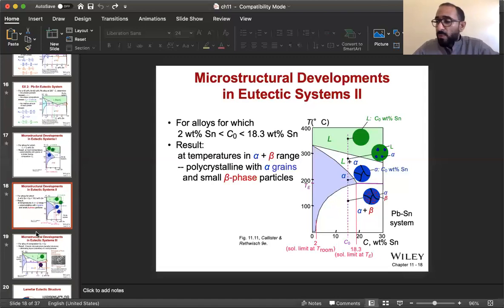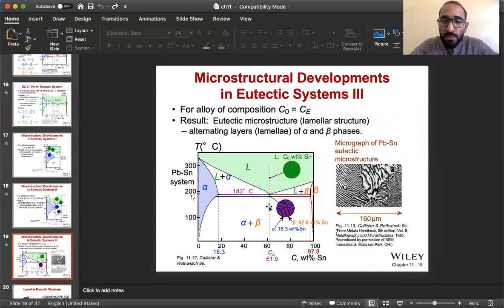Now the question is, what's going to happen if you have the eutectic composition? We said this is a very special composition, a special point, because at this point the liquid can directly transform to two solids, alpha plus beta. But what's really special is that alpha and beta have a special microstructure, because they form alternating layers, a lamella structure. So you're going to have alpha, beta, alpha, beta, alpha, beta, as you can see in this image.